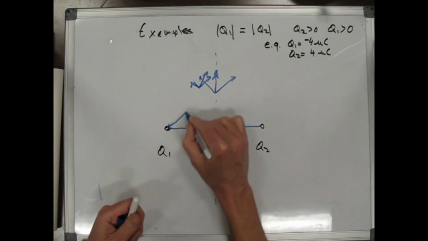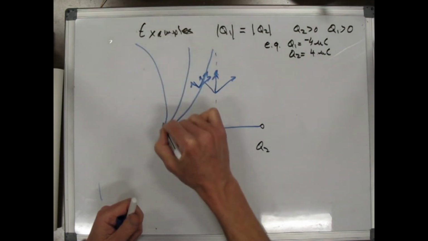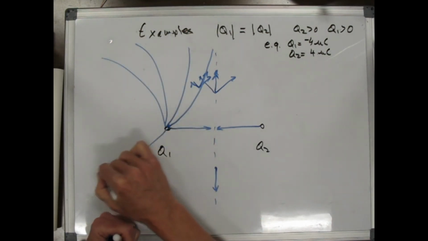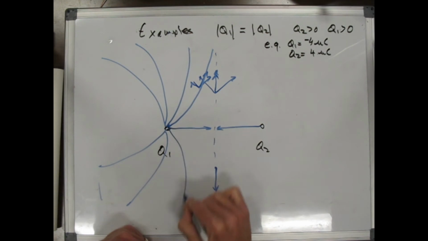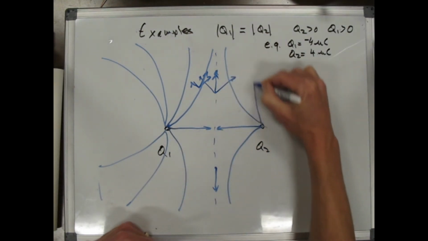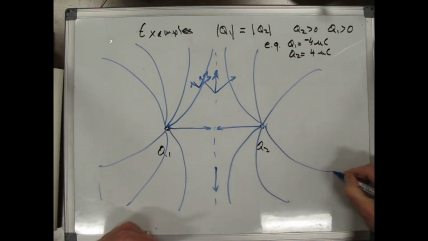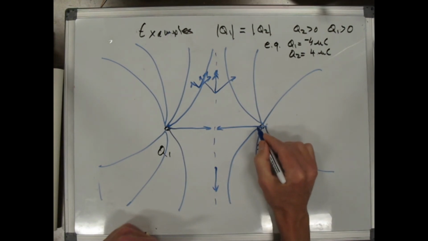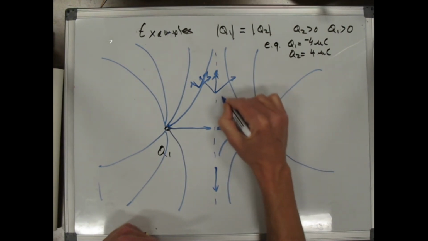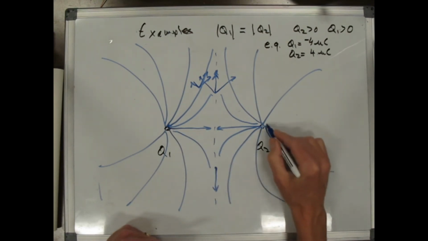And so what you see on these guys is that they're kind of repelling each other. That type of thing. I could draw a few more in here, like that.